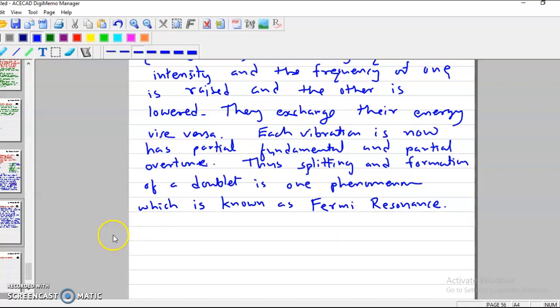Okay, so this is called Fermi resonance, and a doublet is known as Fermi doublet.